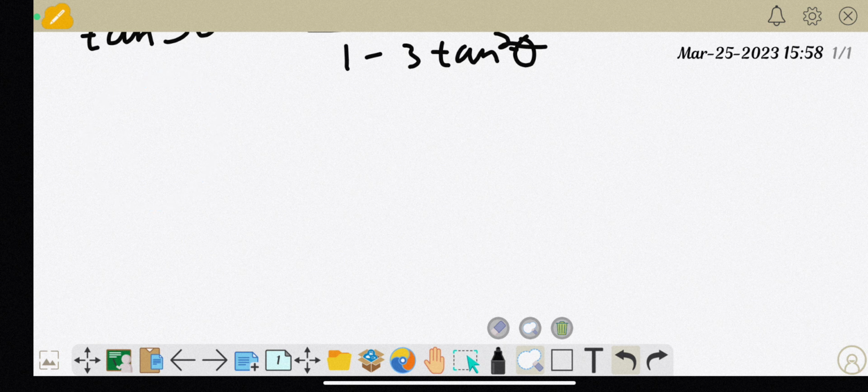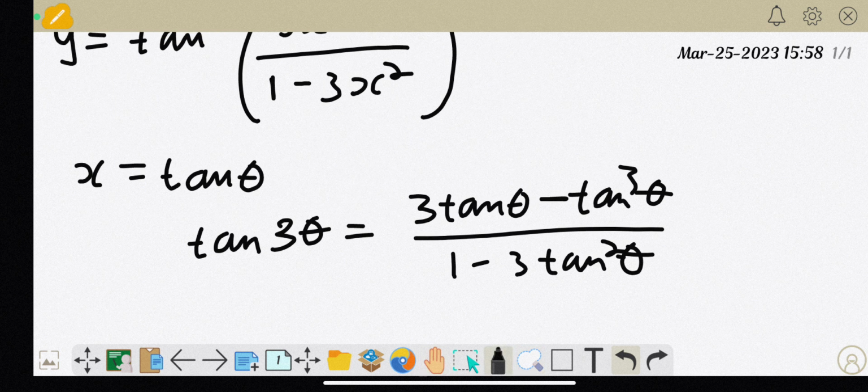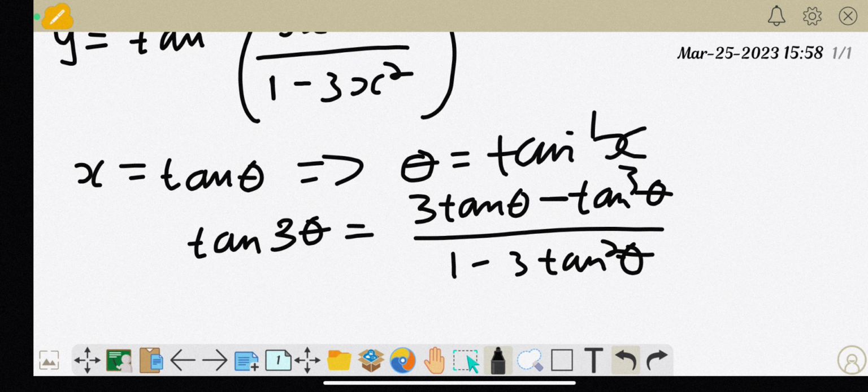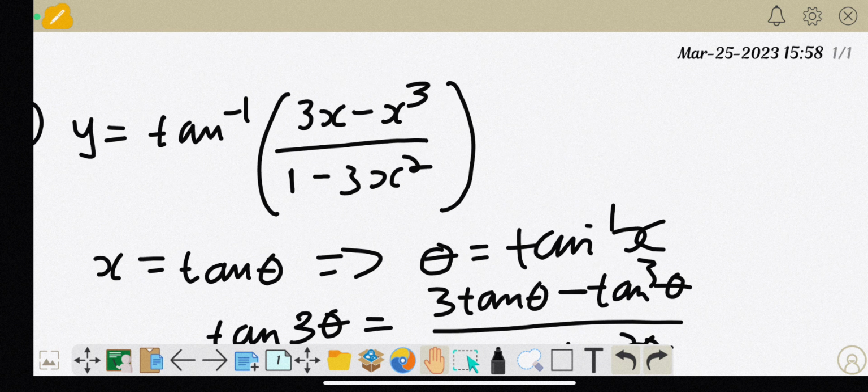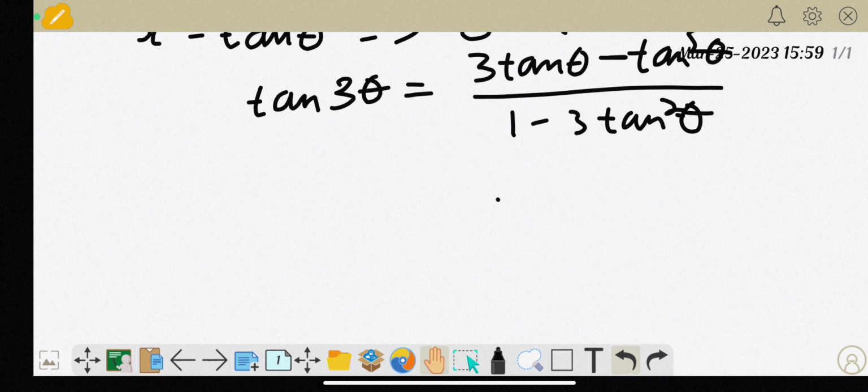Yeah. So tan 3 theta formula we know. Now wherever x is there just substitute tan theta.